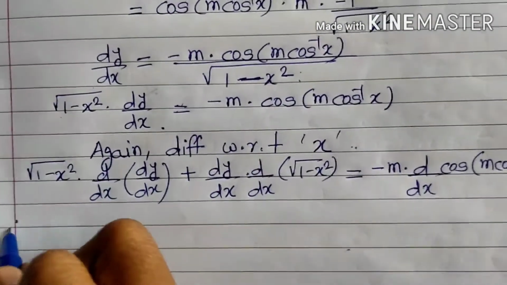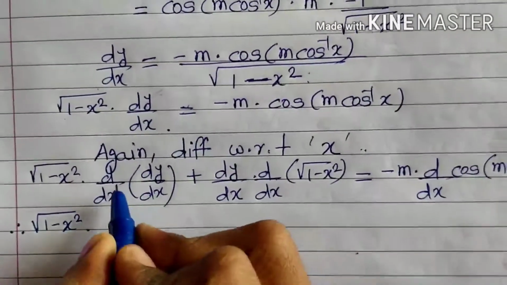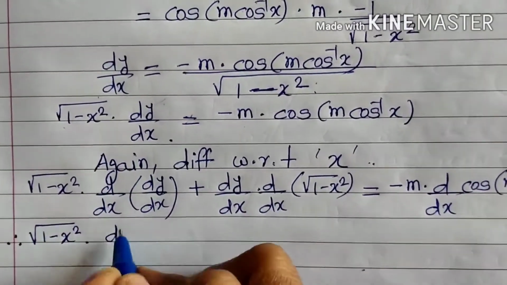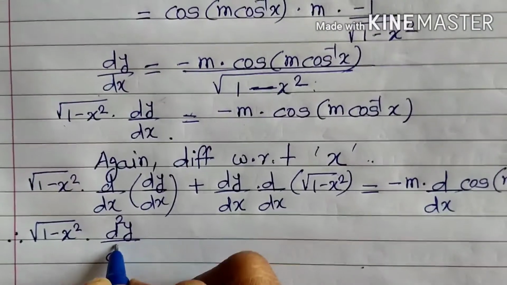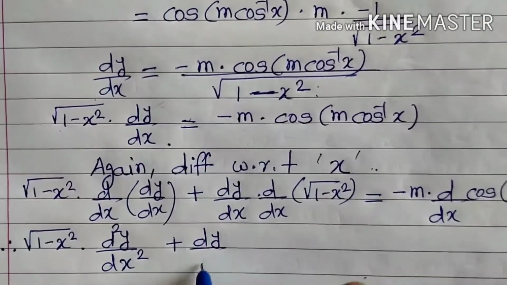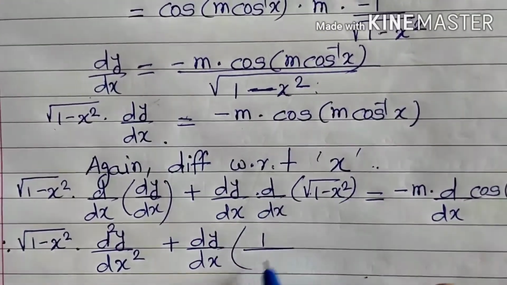So take derivatives, therefore under root of 1 minus x square into, we know that successive differentiation, so it will become d2y upon dx square, plus this dy by dx as it is, and the derivative of root x is 1 upon 2 root x.